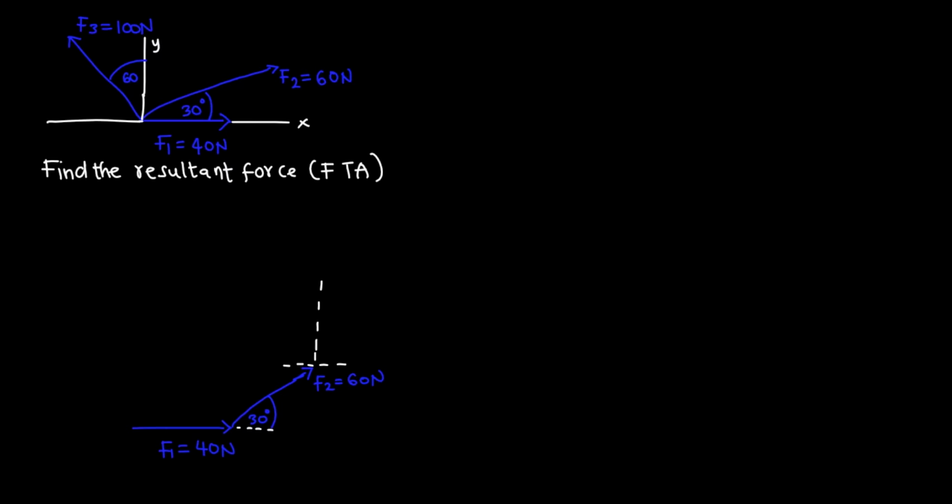So this is the vertical axis, and this should be our F3. That has a magnitude of 100 newtons, and it makes an angle of 60 degrees here. So this is what you have now.